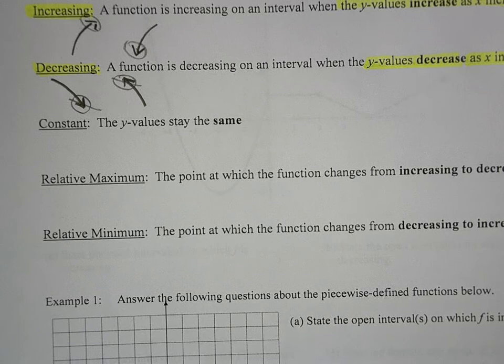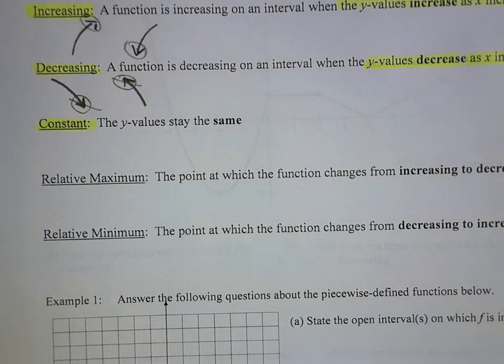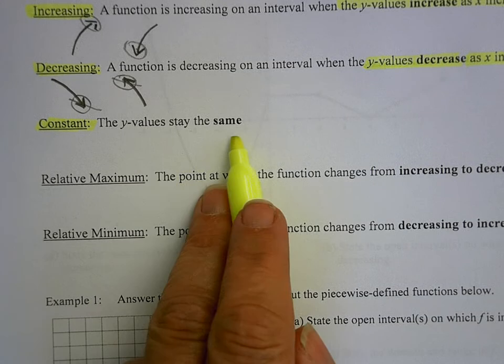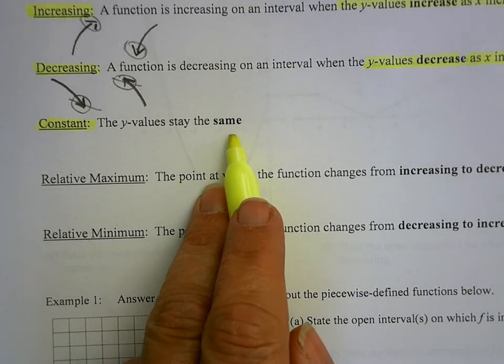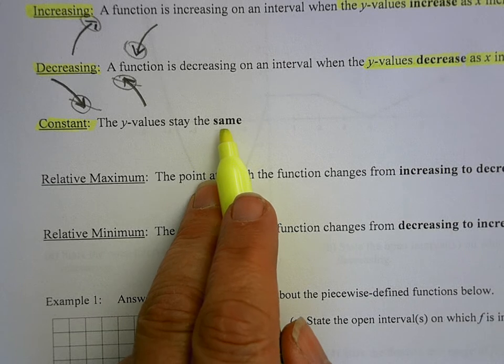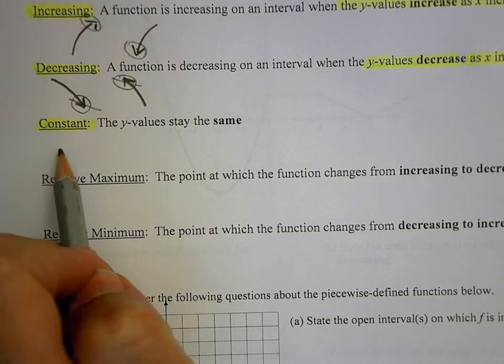Then the third definition we're going to work with is, what does it mean for a function to be constant? A function being constant means that the y values stay the same, meaning they are all the same, like y equals 2 or y equals 3; they will not change. Constant just means it's going to be horizontal.